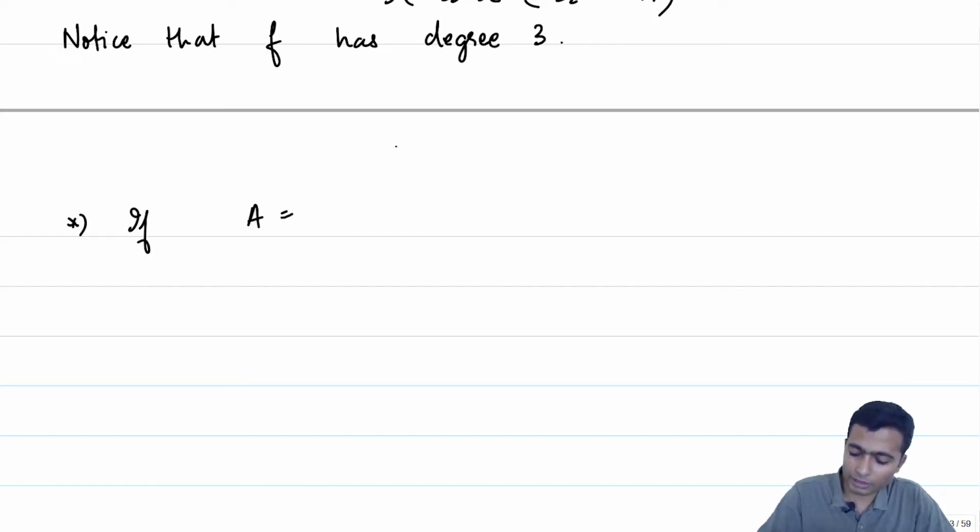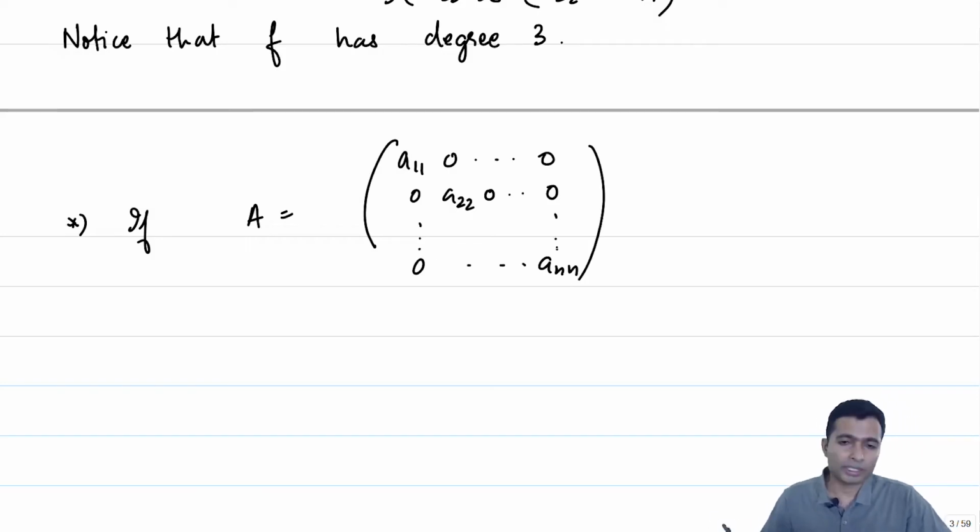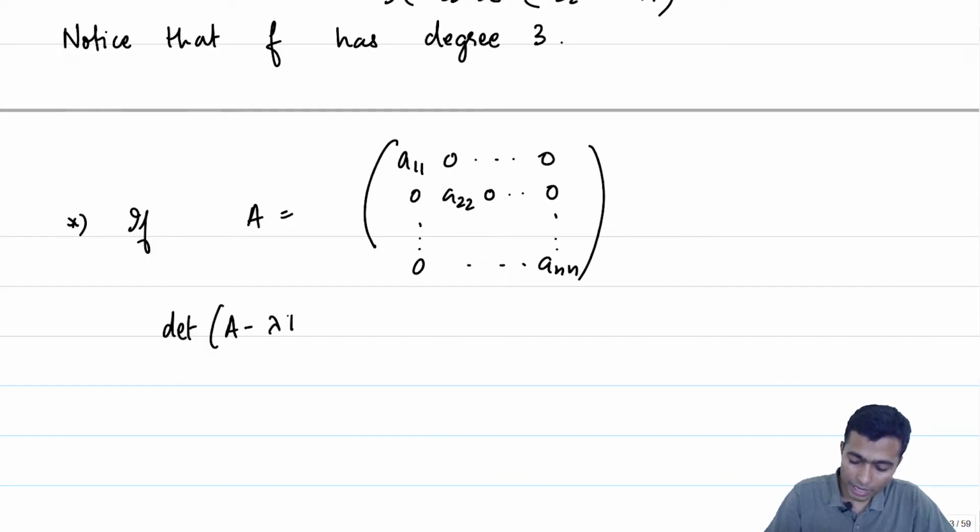Suppose A is diag of A11, A22, up to ANN. Then what is the determinant of A minus lambda I?